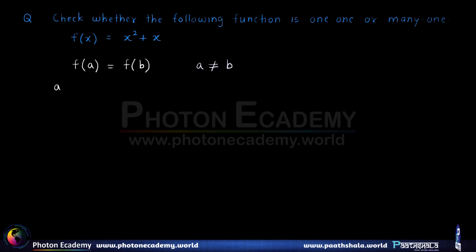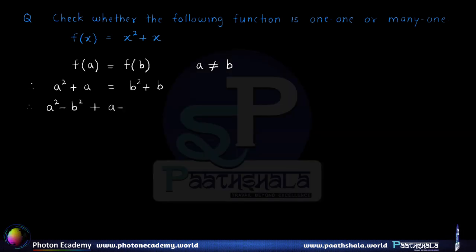So therefore we have a square plus a is equal to b square plus b. Now bringing all terms on the left hand side, we can have a square minus b square plus a minus b equal to 0, right? I am purposefully clubbing in this way so that we can factorize now.